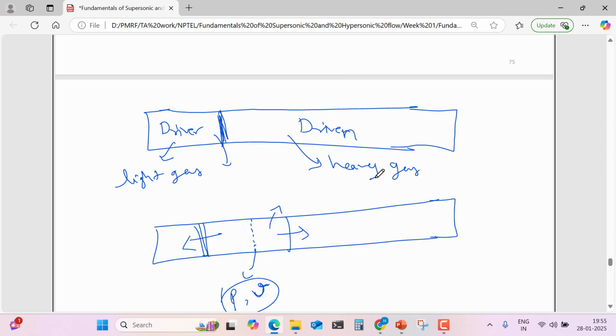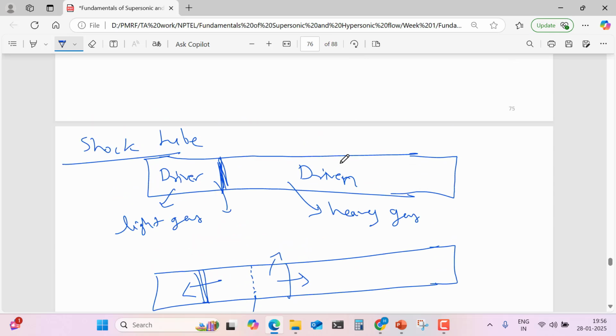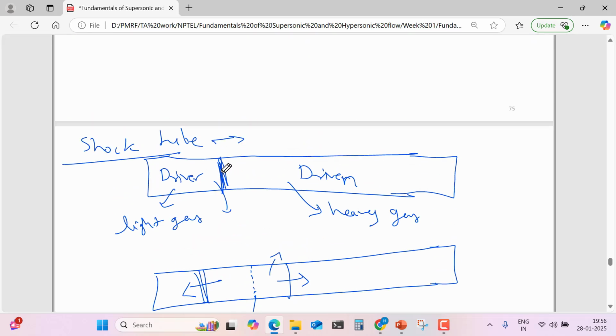This shock tube is only one of the facilities. There are other facilities like the expansion tunnel. In shock tubes also there are different types. The shock tube which I told you about was the conventional type. There is also the arc type, combustion type, and detonation type.